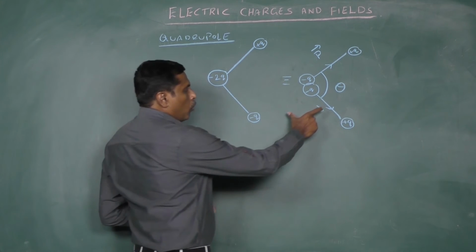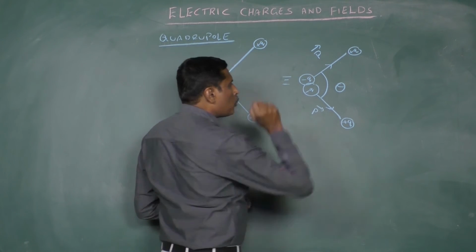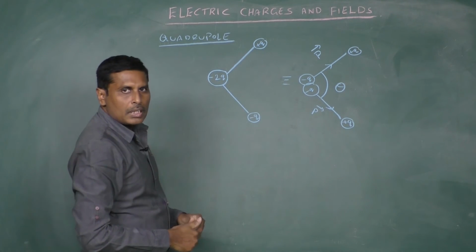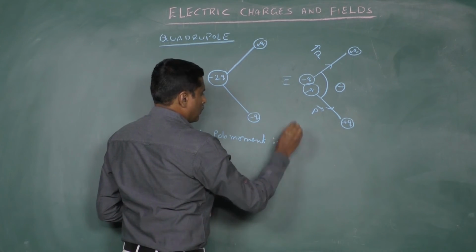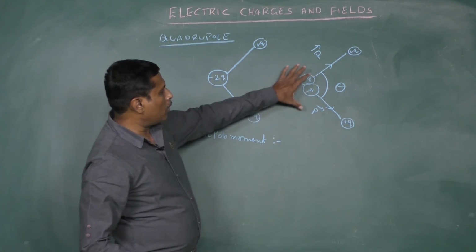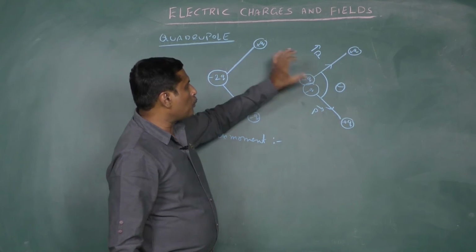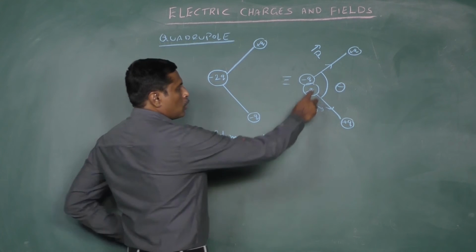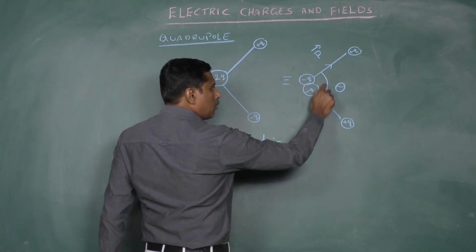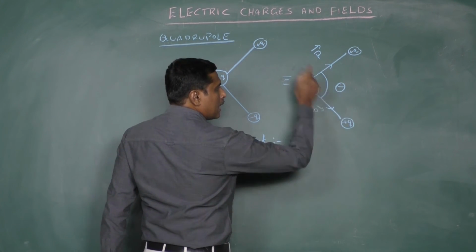Quadrupole means a system consisting of two electric dipoles. Now, what is meant by quadrupole moment? The net dipole moment of this quadrupole is called the quadrupole moment. Here there are two dipoles with equal magnitude but making an angle theta.